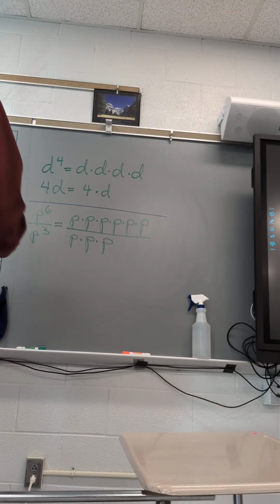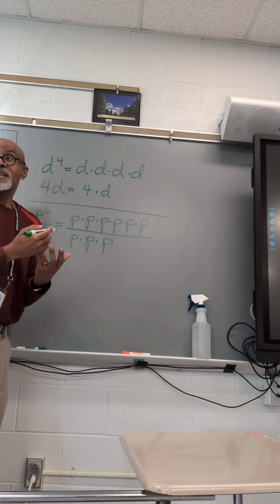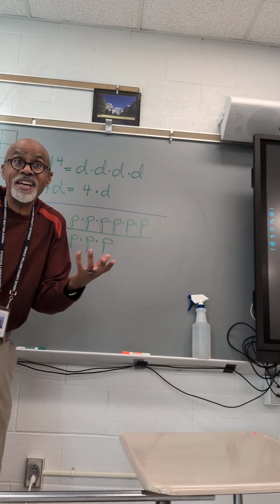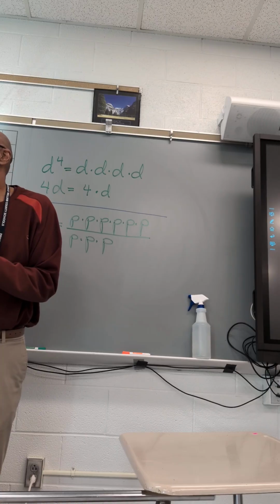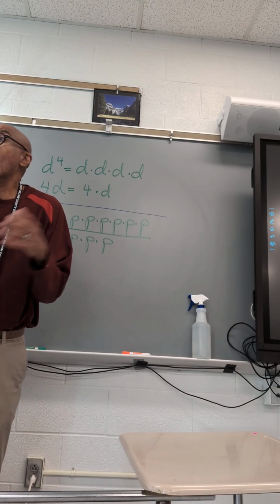So what is P divided by P? What does it have to be? I said anything divided by itself is 1, so P divided by P has to be 1.